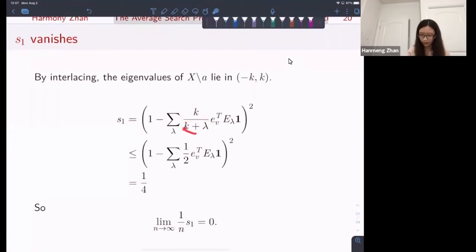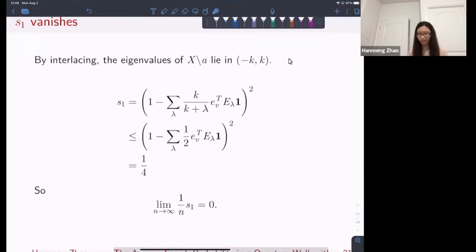Okay, so this guy is at least 1/2. Okay, and now in this second term, the only thing that depends on lambda is E lambda. So I can bring this to the outside, bring this to the outside. And the sum of all the eigenspaces is just equal to the identity. So that tells me that S1 is upper bounded by 1/4, which is a constant. And then by squeeze theorem, you know S1 over n has to go to 0. So in the limit, S1 does not contribute anything. So we can forget about that thing as well, okay?